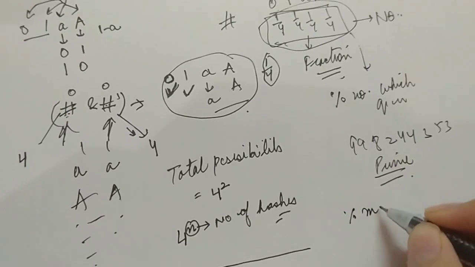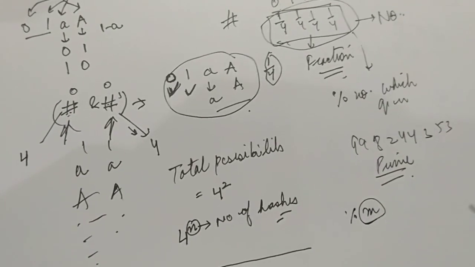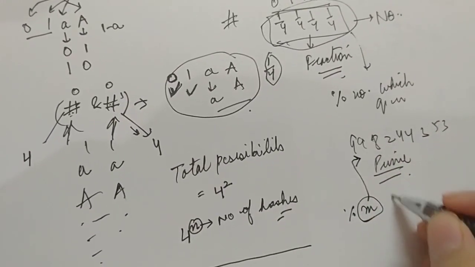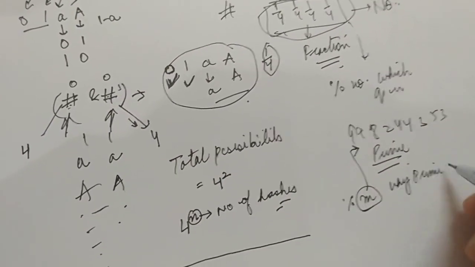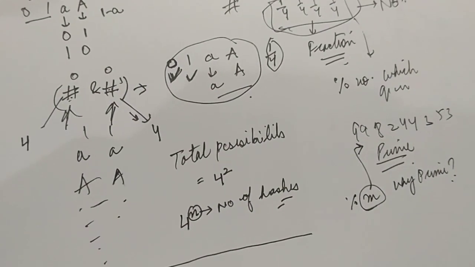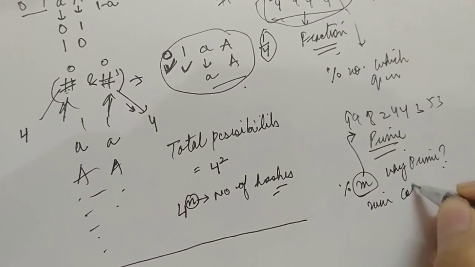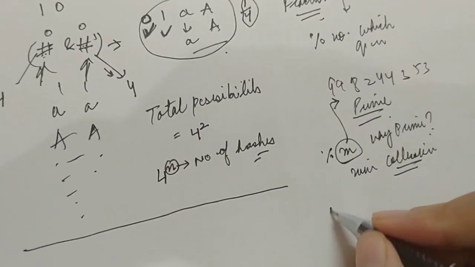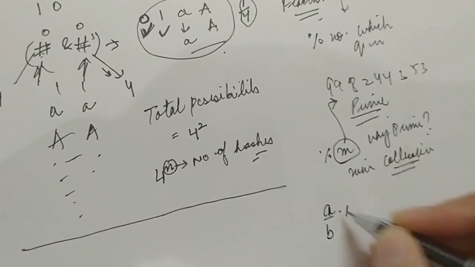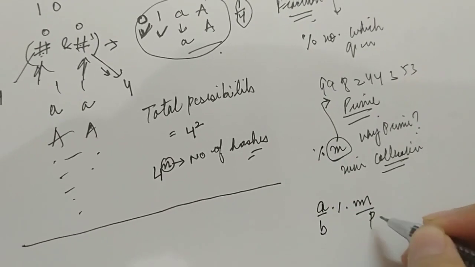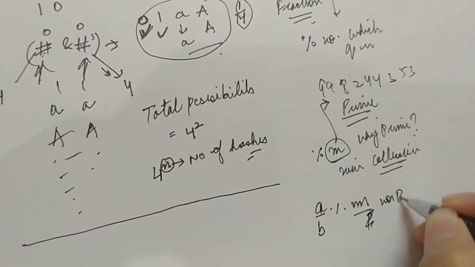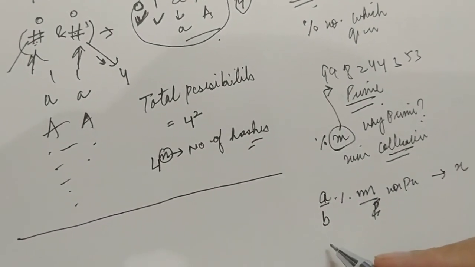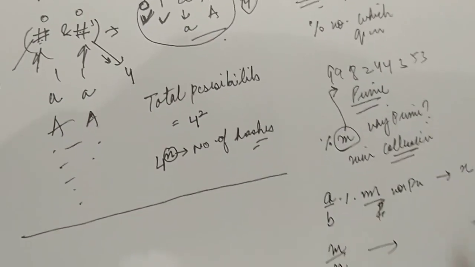Selecting a number m such that like this, why do we select a prime number? A prime number is selected so that there are minimum collisions. Some fractions are like this, a over b, and when we mod it by m, they may evaluate to a number, say x, and another fraction may also evaluate to the number x.